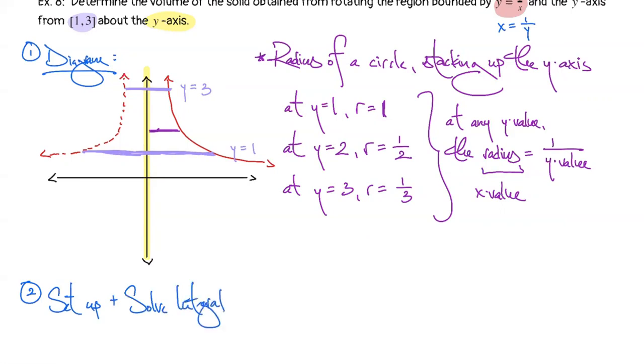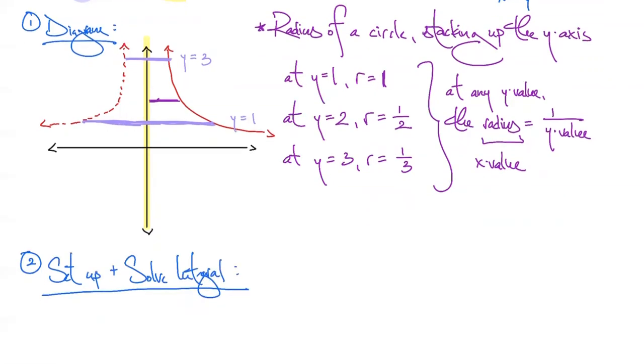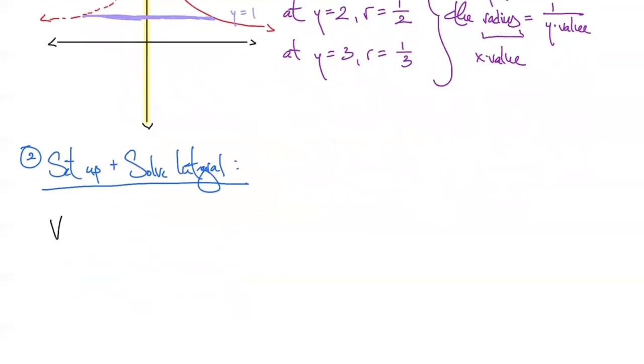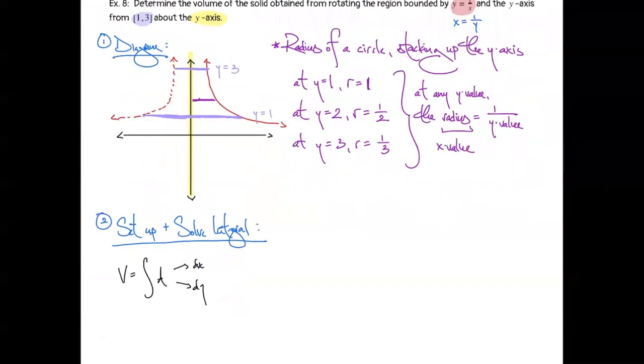So once we've got our diagram and all of that information, now we're ready to set up and solve that volume integral, okay? So volume equals the integral of area. We'll include our typical dx or dy. And we have so many clues here that tell us we want to do dy, right?